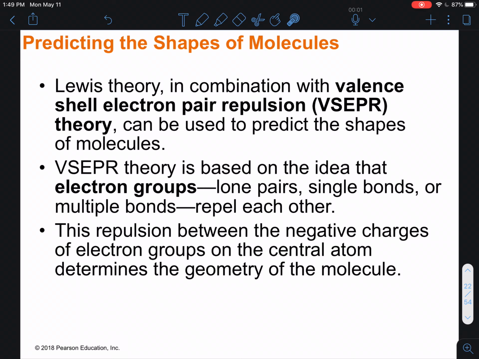VSEPR theory is based on the idea that electron groups, and this is important, which are lone pairs, single bonds, or multiple bonds, repel each other.